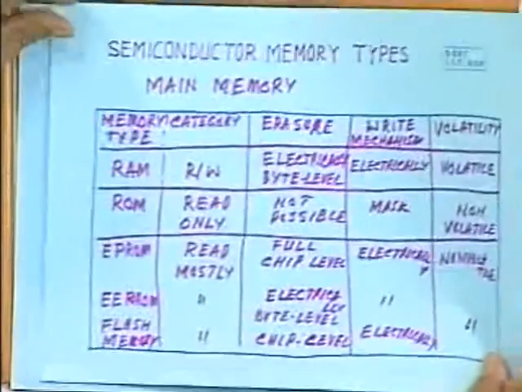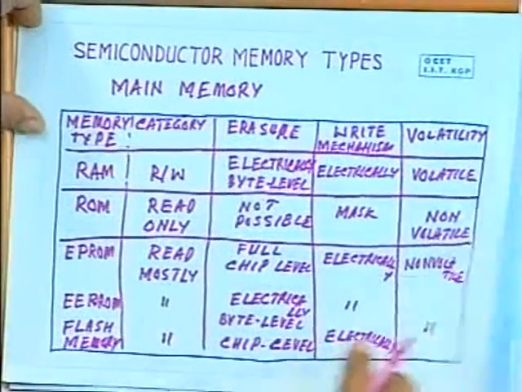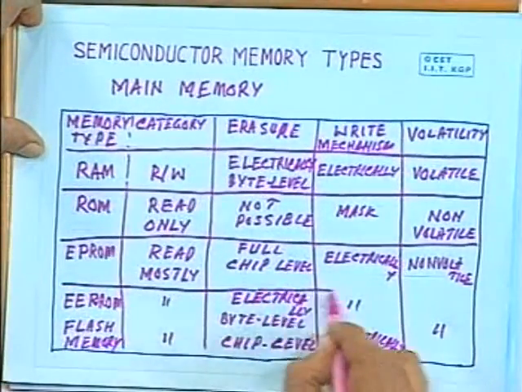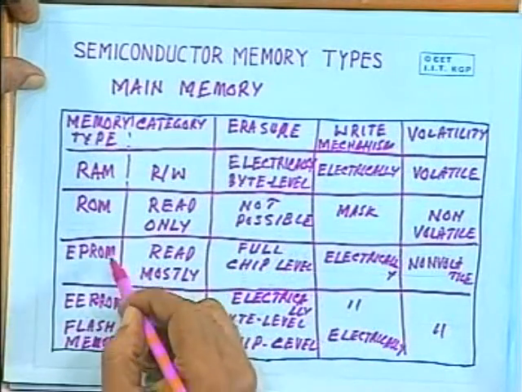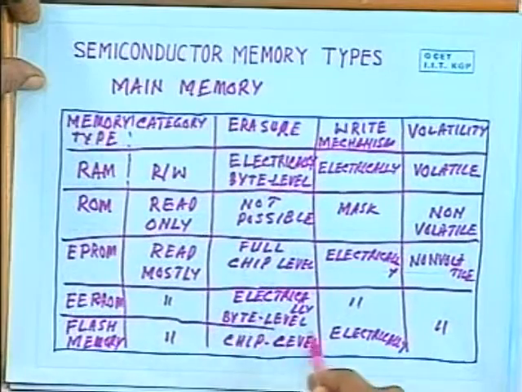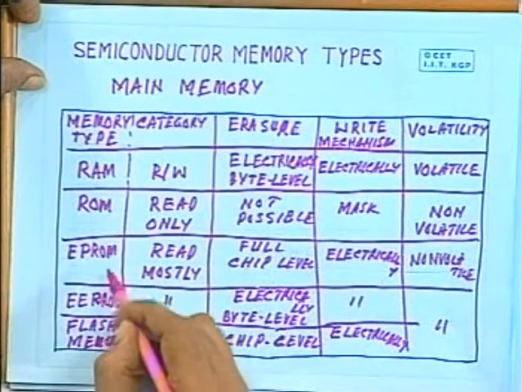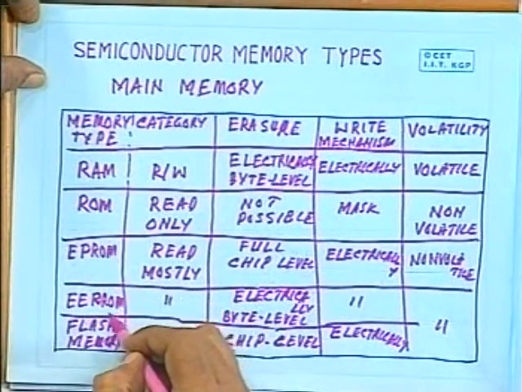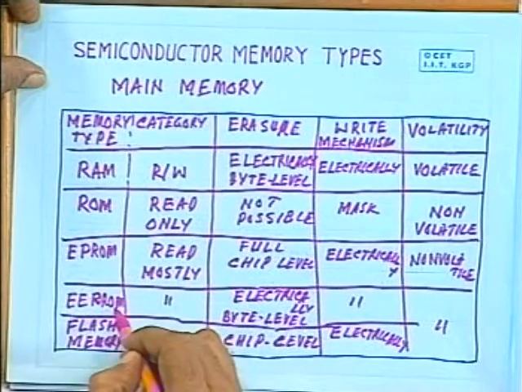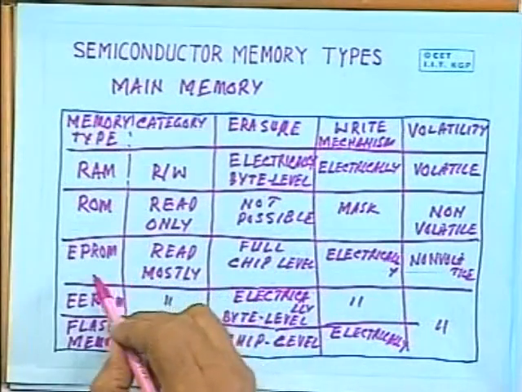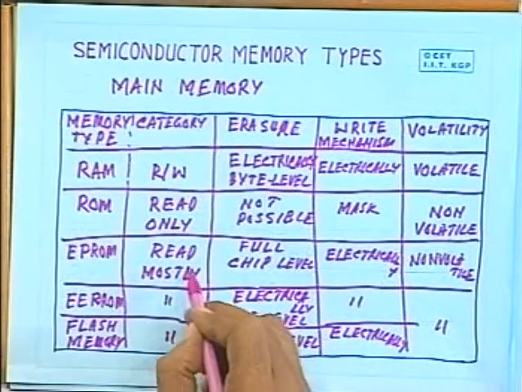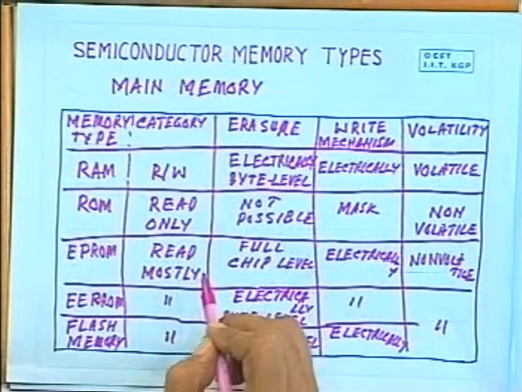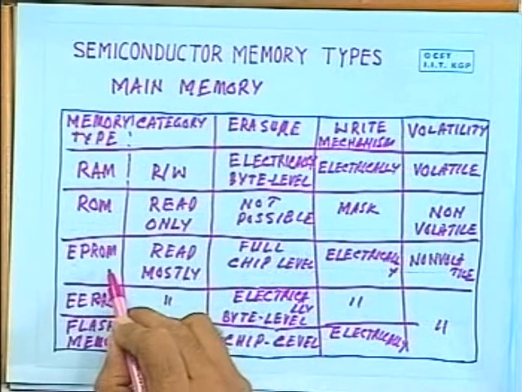Actually, it has the best of both worlds of these two technologies, EPROM and EEPROM. You see, the EPROM, as you have seen, is very reliable, fast, and random access memory.